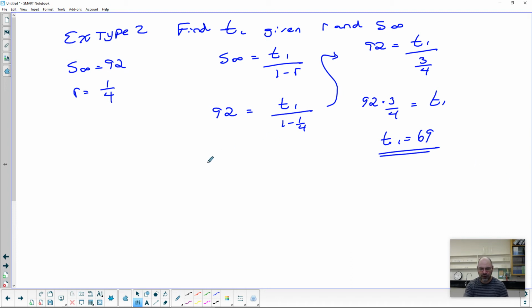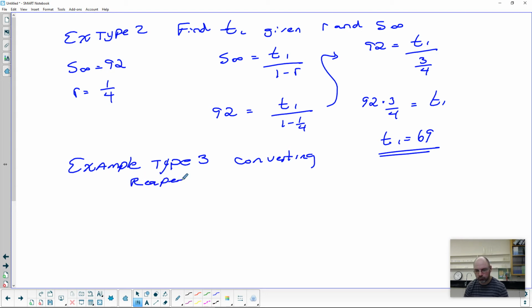So this will be our last type of example, example type 3, converting a repeating decimal to a fraction.